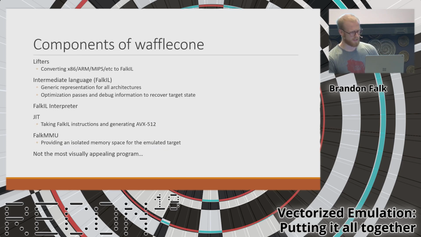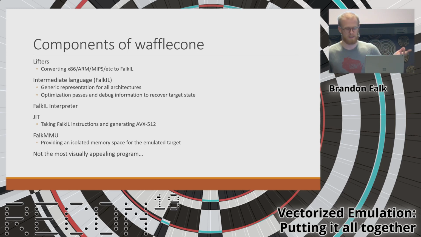So to make all of this work, I need a couple different components. In the case of wafflecone, I need a lifter. I need some way of taking target code, whether it's MIPS or x86 or ARM or who cares, and I need to lift this to an IL.